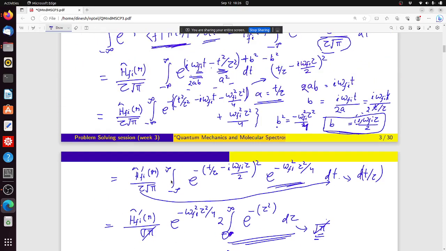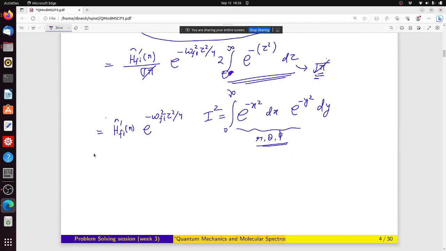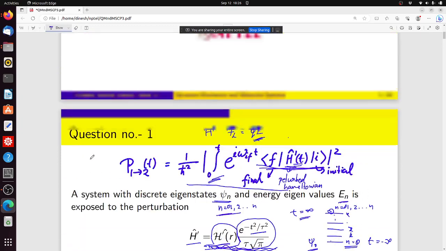Okay, so this is the integration, but what we have to do, we have to take its mod square.